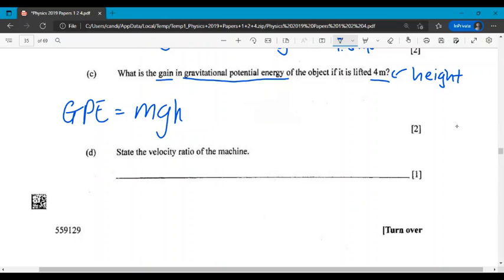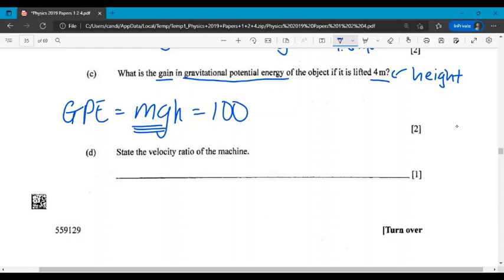Gravitational potential energy is equal to mass times gravitational constant multiplied by the height. We're going to use the same gravitational constant given, 9.8. The mass we just calculated in the first part is 10.2 multiplied by the gravitational constant. Well, that's just the weight. You don't even need to calculate that. We can just plug in 100.